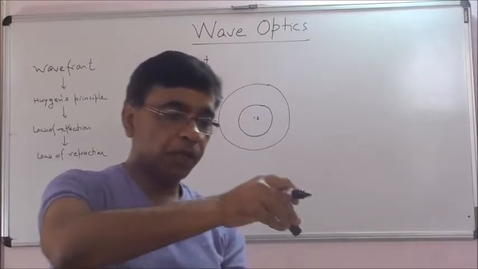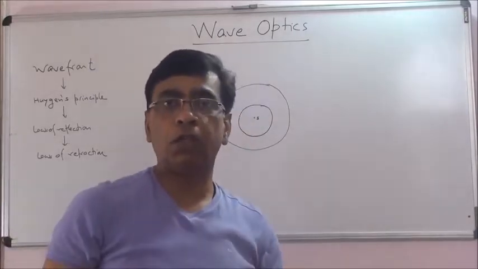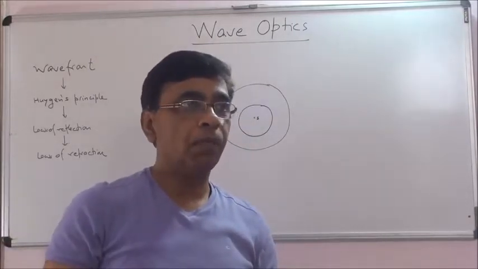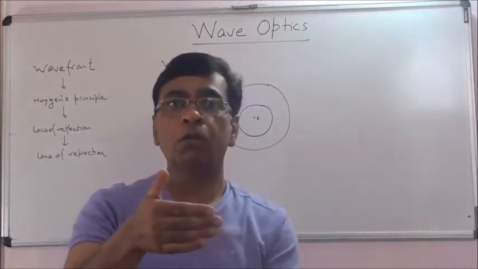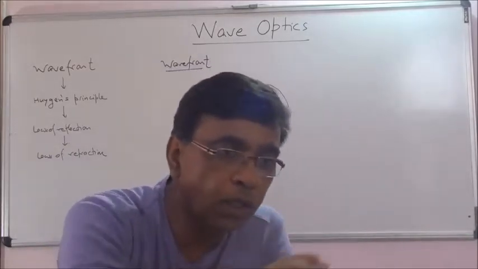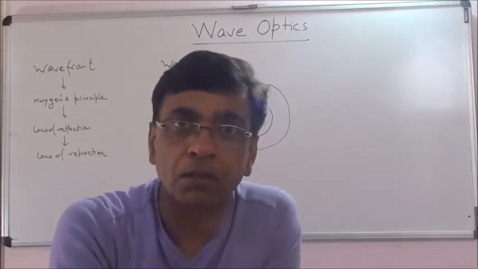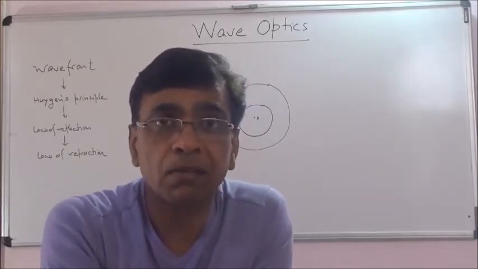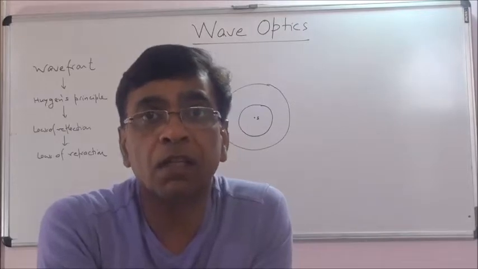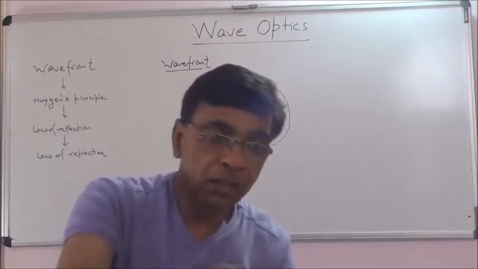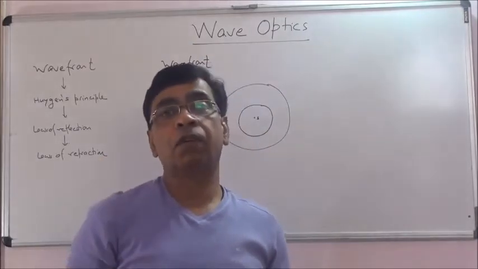If we observe any one circle on the water surface, it simply means that all molecules of water on that circle are coming up together and moving down together. What does it mean? It means they are vibrating in the same phase. This circle we call a wavefront.